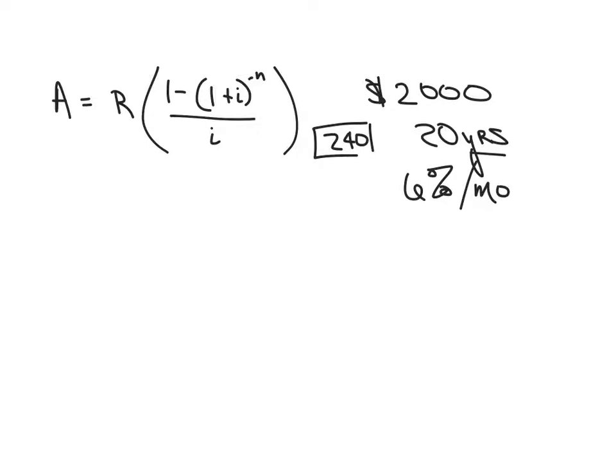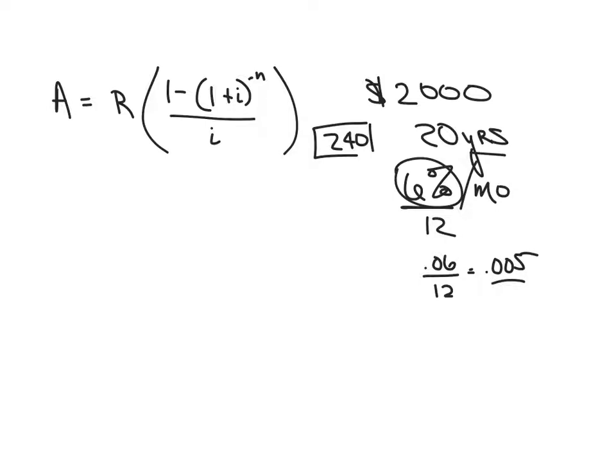Okay, and our interest is 6%, and that 6% is compounded monthly, so divided by 12. And so we have 0.06 divided by 12 equals 0.005. That's how much interest we're making per month.